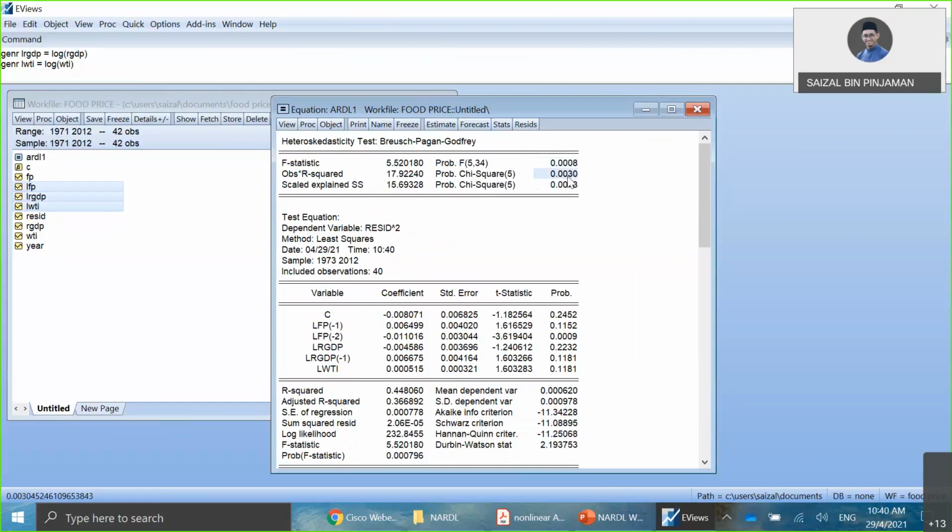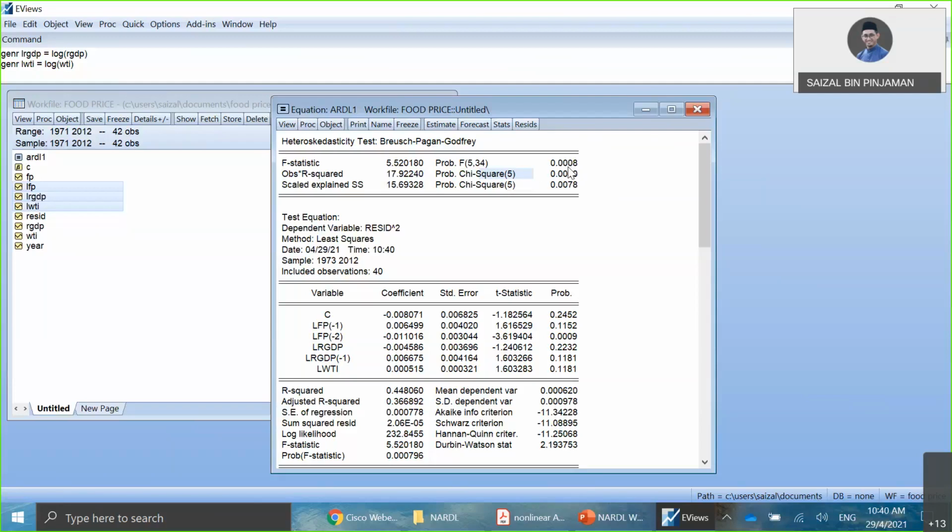We have this heteroscedasticity problem because, in this case, based on the probability values of the F statistic and chi-square, we reject the null hypothesis of a homoscedastic model. In other words, our model contains heteroscedasticity. Heteroscedasticity means that the variance of the error term is non-constant across time.